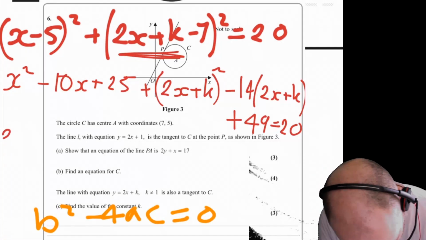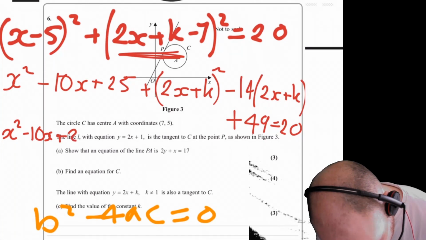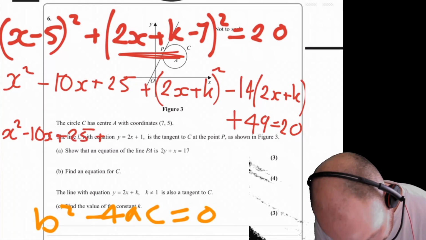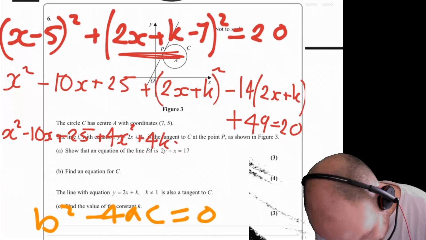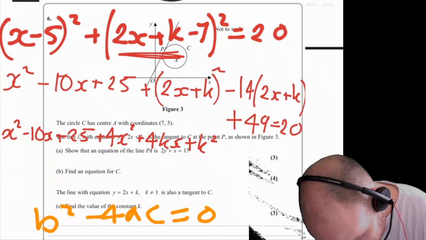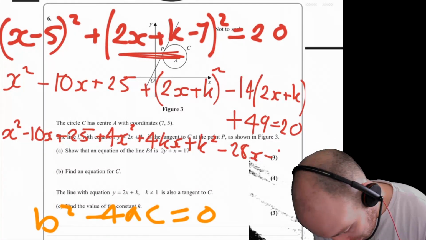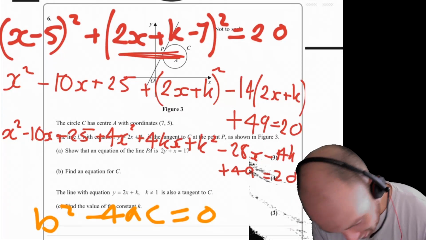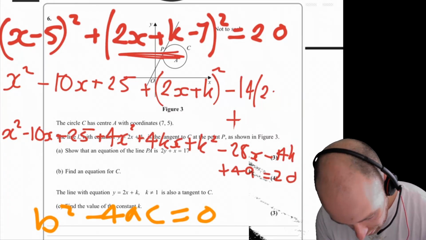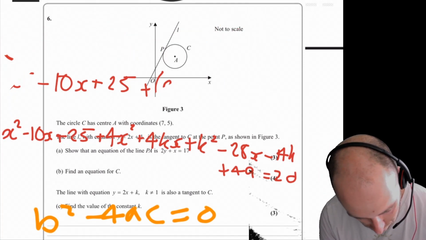So x squared take 10x plus 25, plus 4x squared, plus 4kx, plus k squared, minus 28x, minus 14k, plus 49 equals 20. Right, so we're going to simplify that, try and get it in a quadratic form.